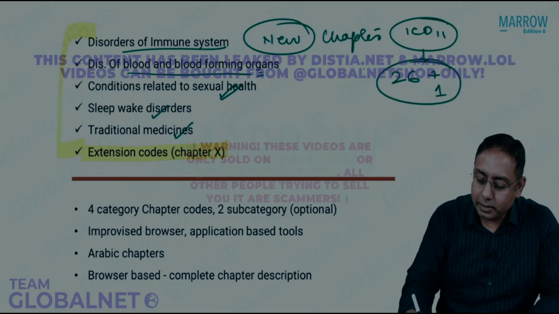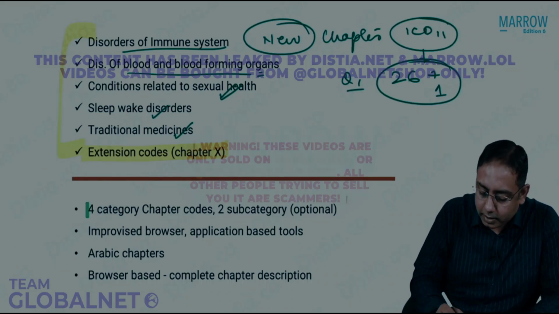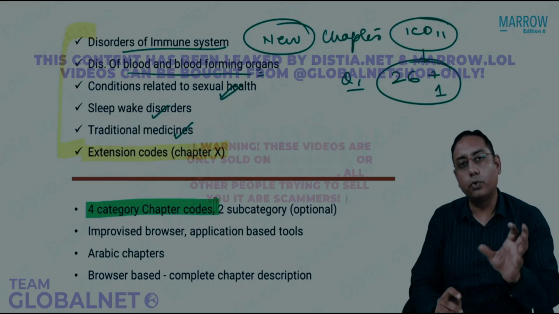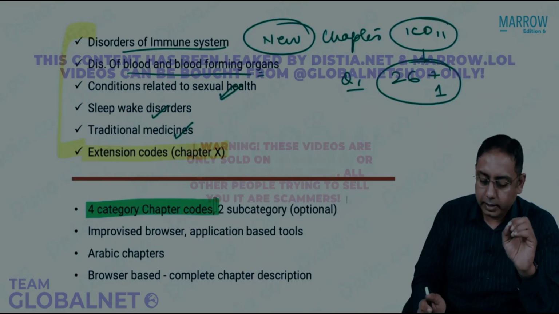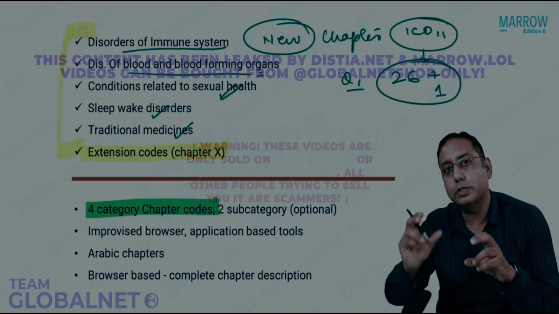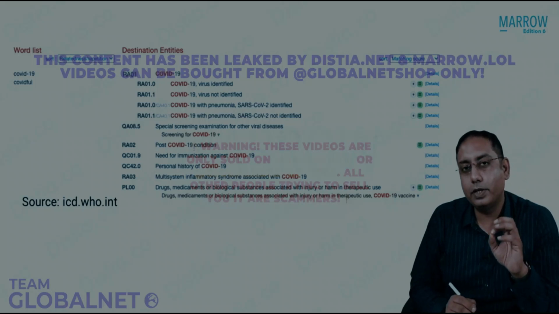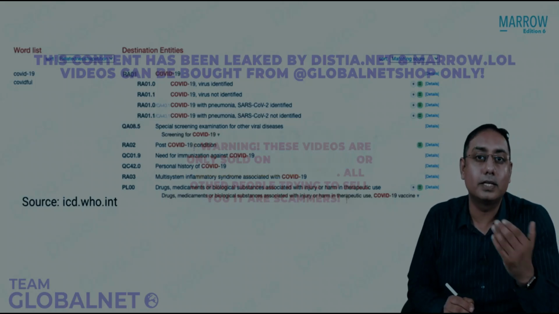Apart from this, another point to remember is that in the ICD 11 classification, there is now a 4 character code, and each code can have a 2 character subcategory code. What do I mean by this? Can you see over here, if we talk about COVID-19, how is it classified?